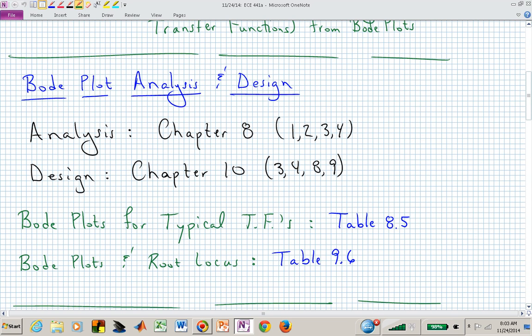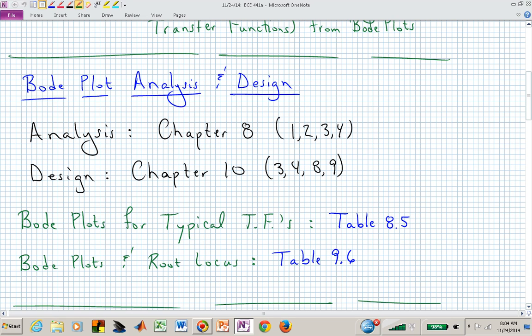Here is basically the table of contents for what we will be doing. The analysis, again, how do you sketch these Bode plots, is in Chapter 8. There's several representative transfer functions in Table 8.5 that you could look at to remind you of what these look like.